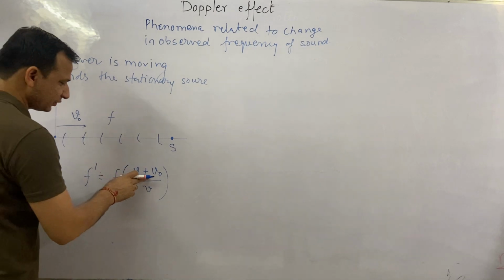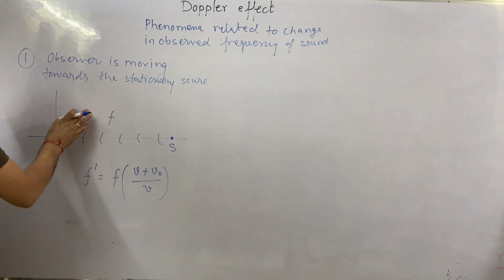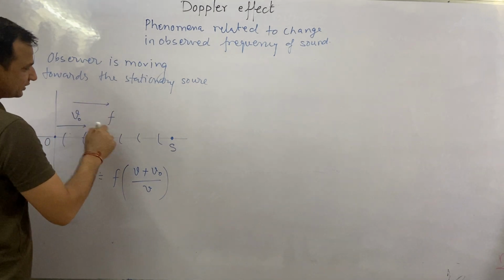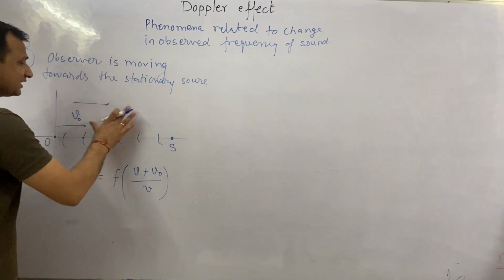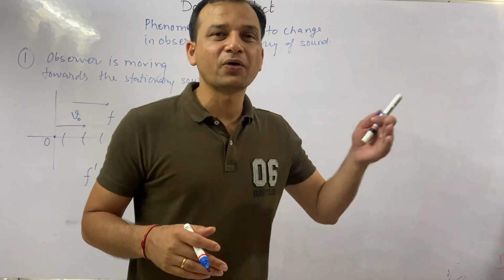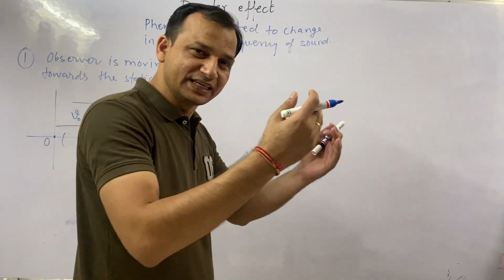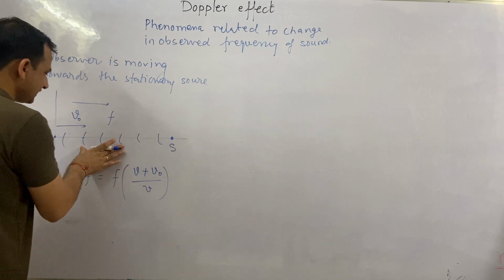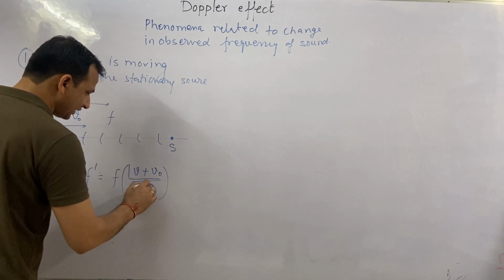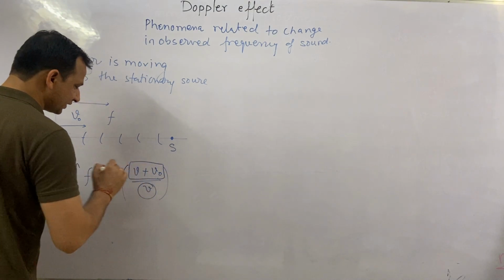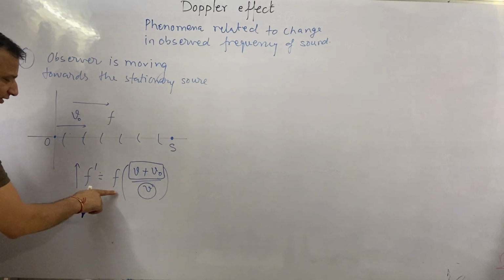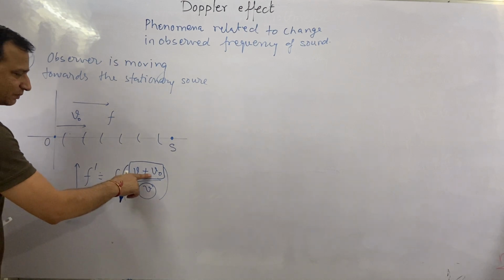You may be thinking why I am using the plus sign. If you see the motion of the observer, the observer is going towards the source. As the observer is going towards the source, the observer will receive more waves, so the frequency increases. To get the higher frequency, the numerator must be larger than the denominator, then only we will get f' larger than f. So I am using the plus sign.